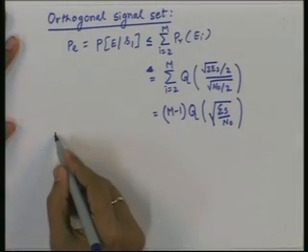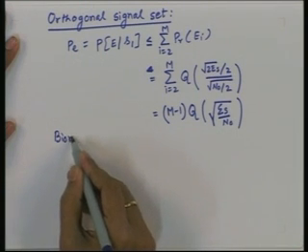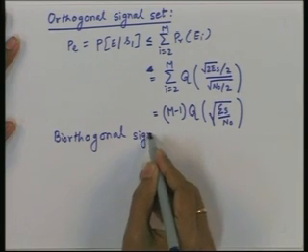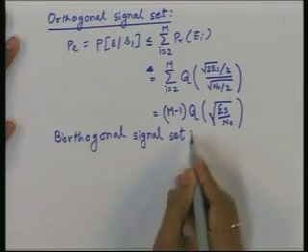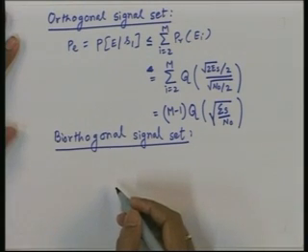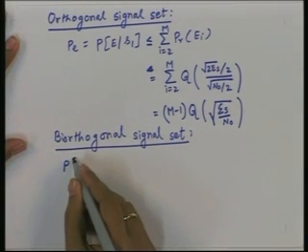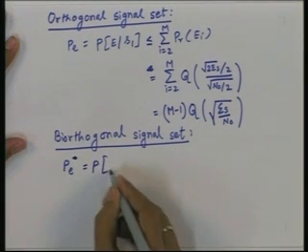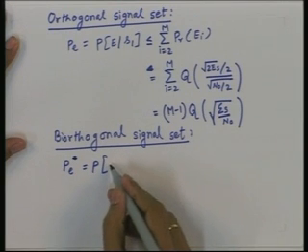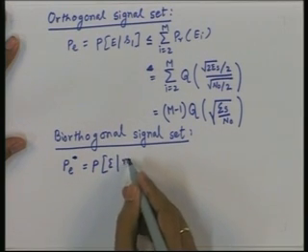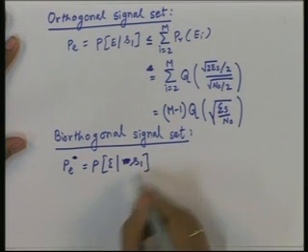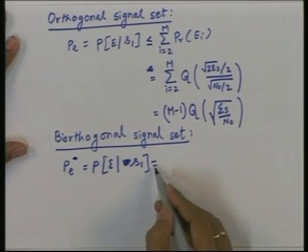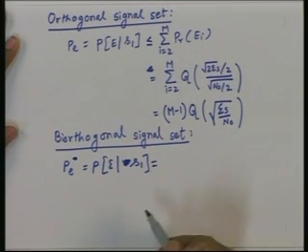Okay. For biorthogonal signal set, probability of error again is, because the signal set is symmetric, we have probability of error given S1, and now the events here are slightly different.